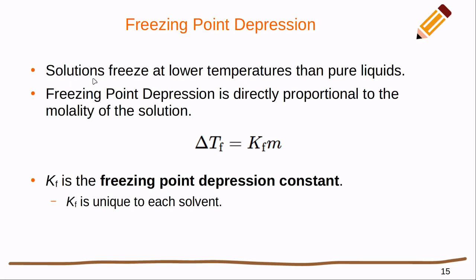Just like when we added the salt to the water, solutions freeze at lower temperatures than their pure liquids. Freezing point depression is directly proportional to the molality of the solution. So again, the change in temperature for the freezing point is going to equal the freezing point depression constant, Kf, which you may also see called the cryoscopic constant, times the molality of the solute.